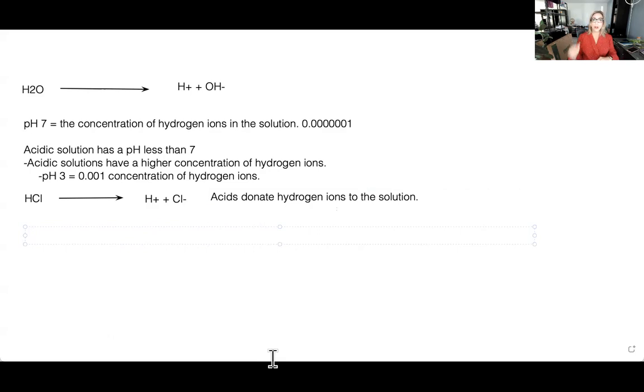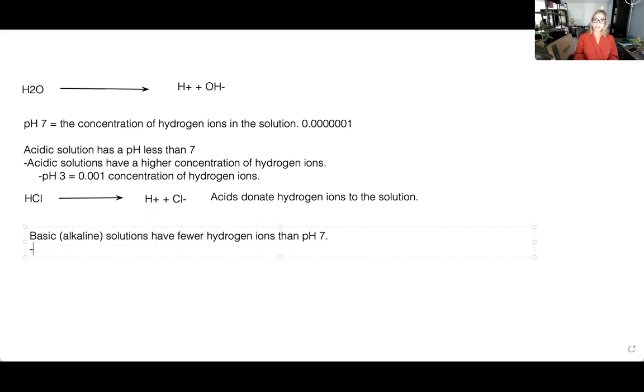It has fewer hydrogen ions. Basic, we also call alkaline. Solutions have fewer hydrogen ions than pH 7.